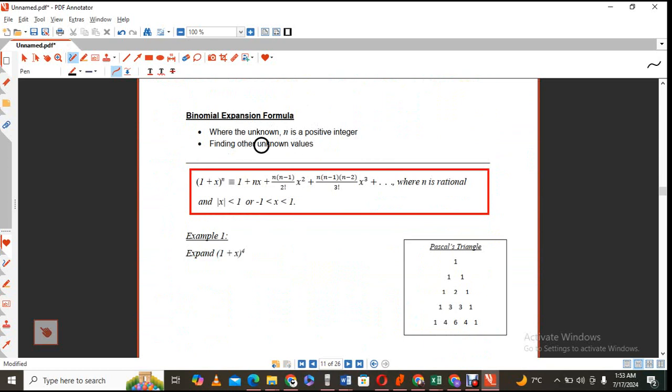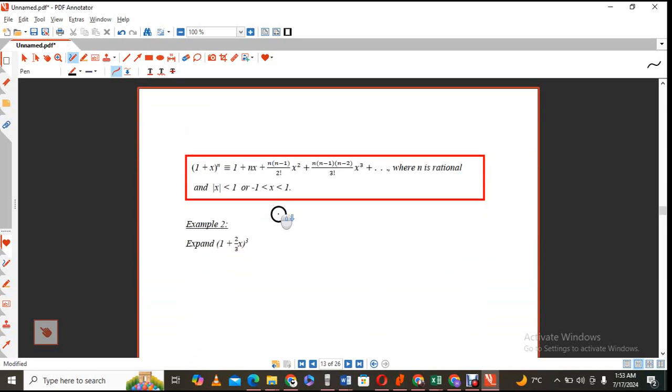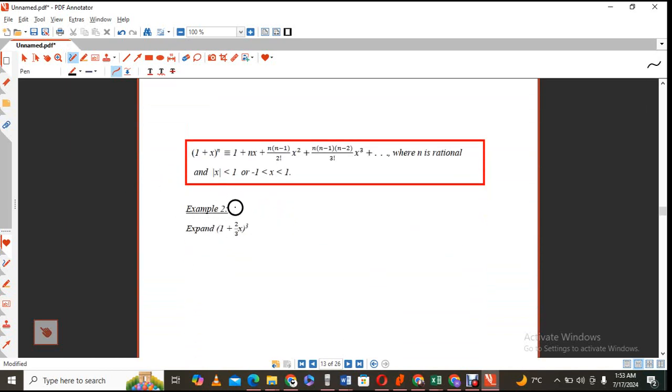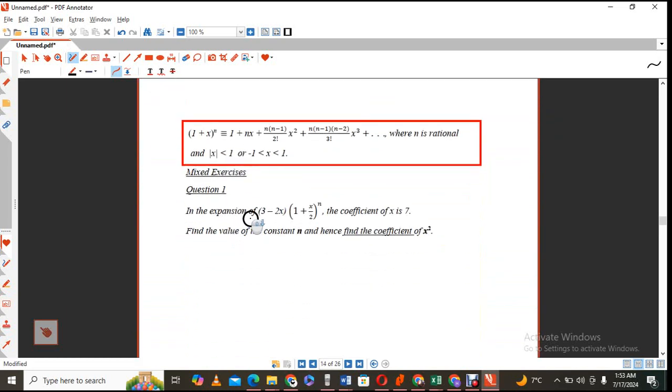That is when I have this type of expansion, questions where you are supposed to calculate the unknown, where we use that binomial series. So stand by for them. I've got next questions where I will be showing that to you.